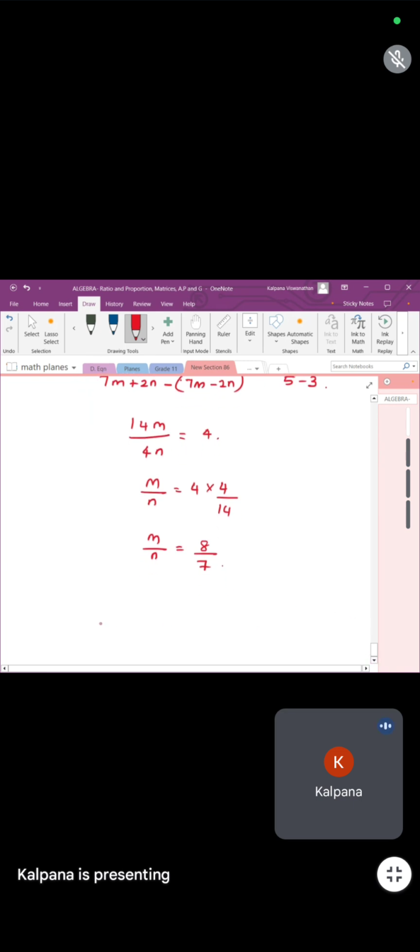So under componendo dividendo, you may have proving sums also, or solving for x. The next question under this: solve for x using properties. Solve for x: x power 4 plus 1 by 2x square equal to 17 by 8.